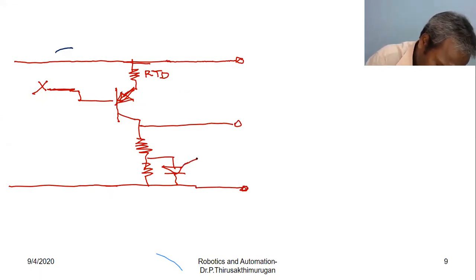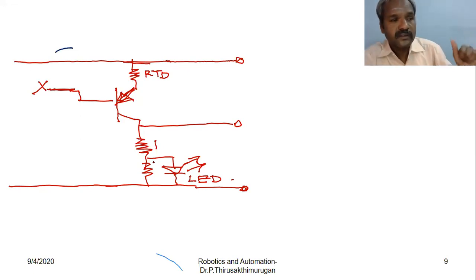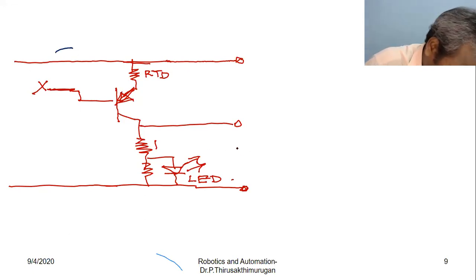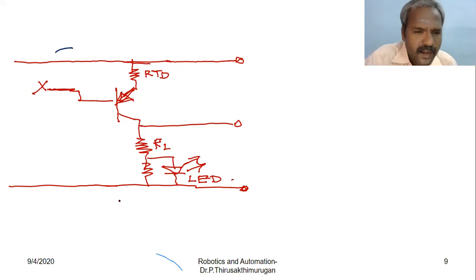So this is an LED for output indication. LED. So previously we had R1, R2, R3, R4. Say this is R5, or RL, the load resistor. This is nothing but the load resistor. We can call it R5 or RL.